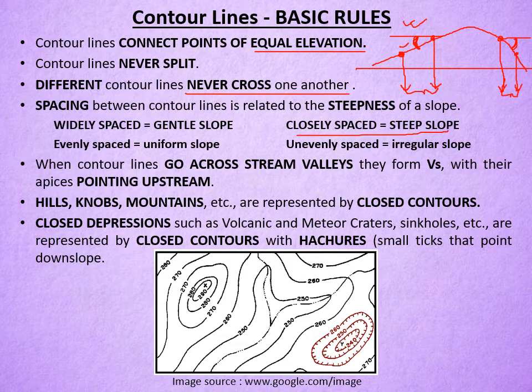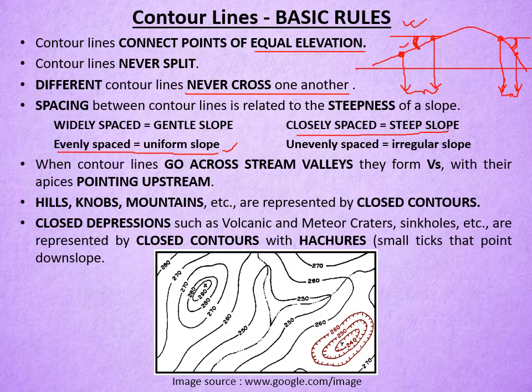Next, evenly spaced contour lines. If you can see that in an area all the contour lines and their contour intervals do not vary, they are spaced evenly at a fixed distance, that indicates a uniform slope. That means the slope in that area does not vary from one point to another.